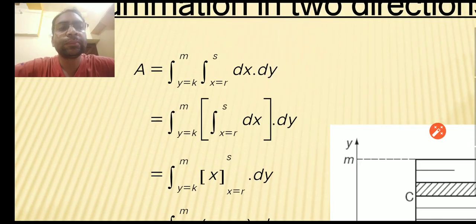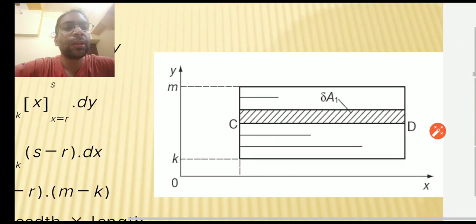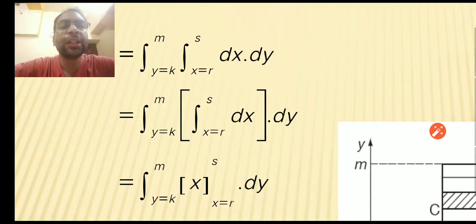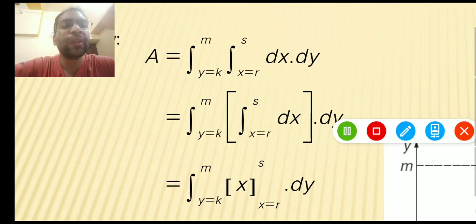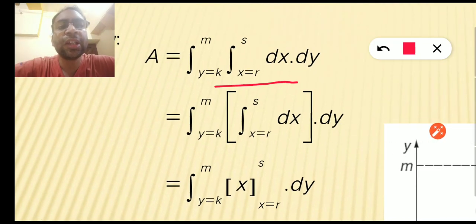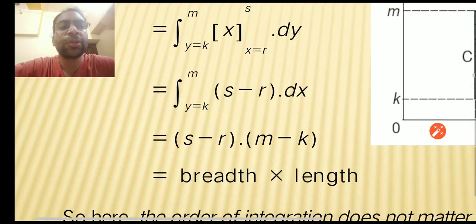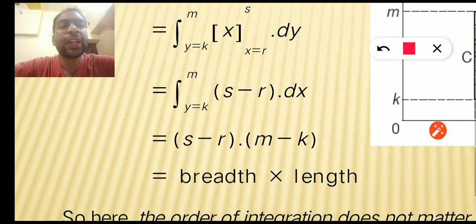In the same way, if this area is represented by the integral, by performing the integration we use the inner integral first. So this time the result will be x with the boundaries r to s. By substituting the values we have s minus r.